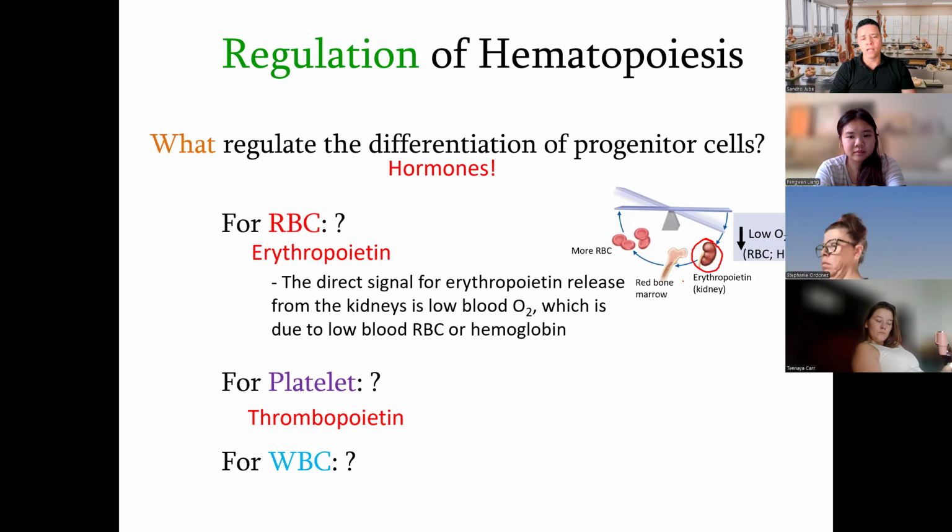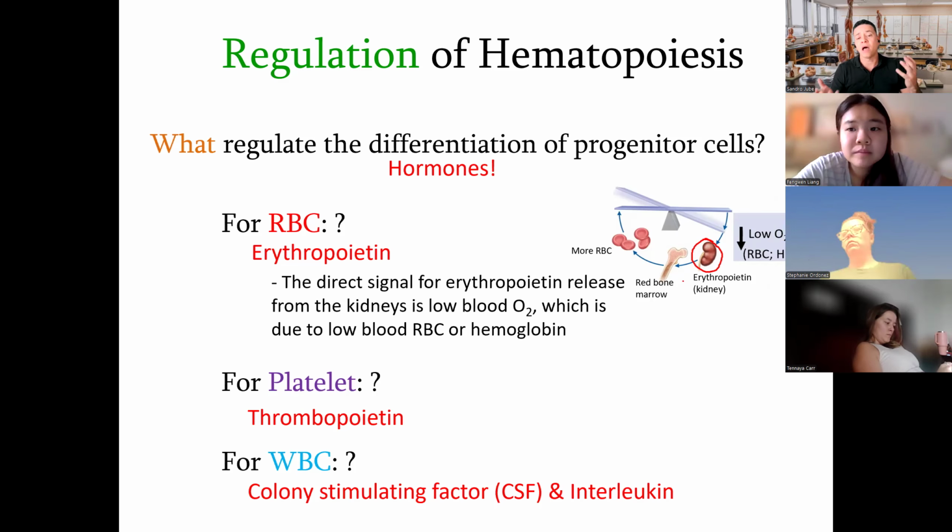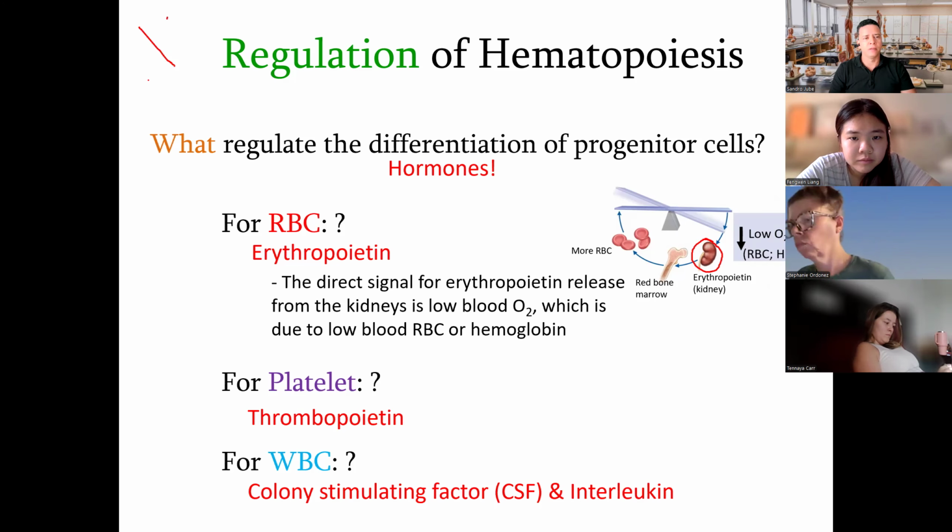And finally, for the white blood cells, there are two different types of hormones. We have a colony stimulating factor, the CSF, and another hormone called interleukin, okay? Which then is going to produce the different types of white blood cells. I do like to ask questions about this in these FYI.